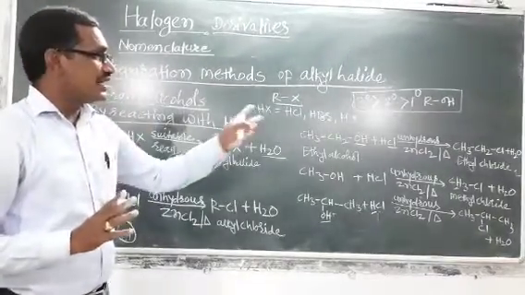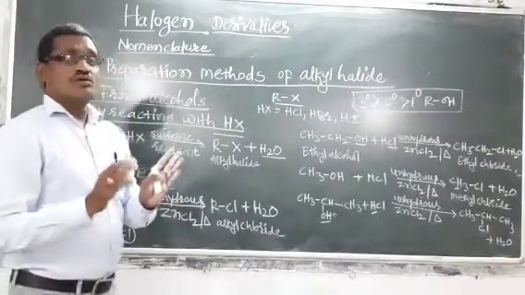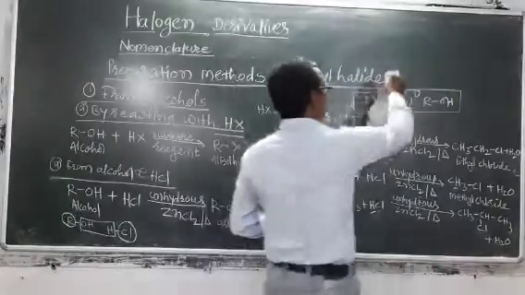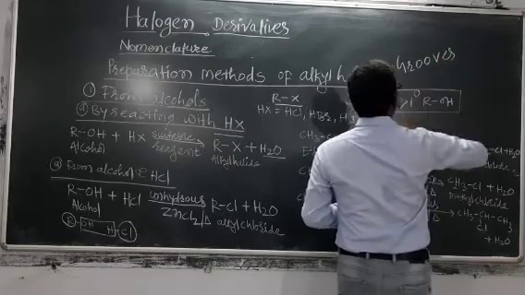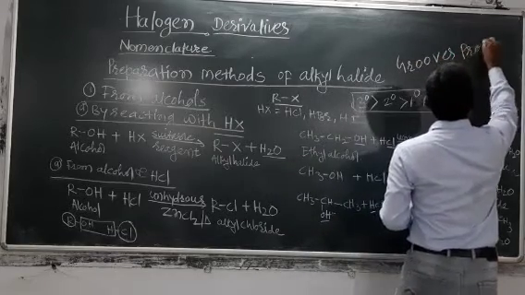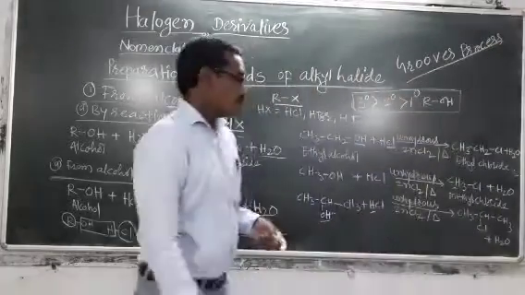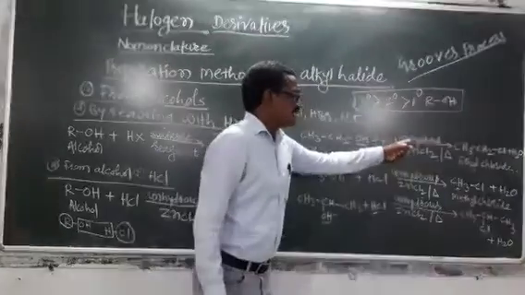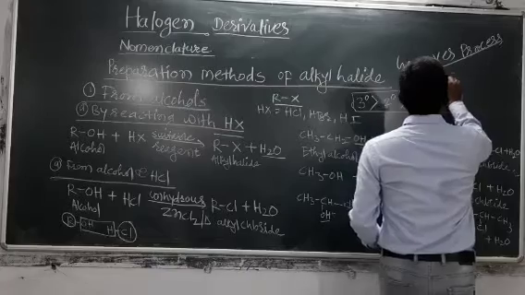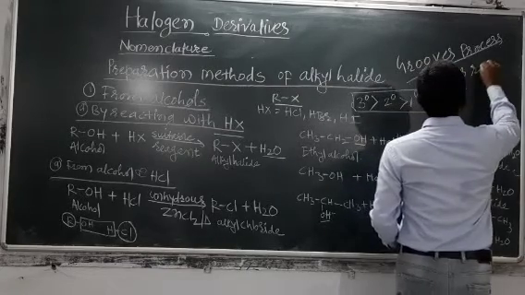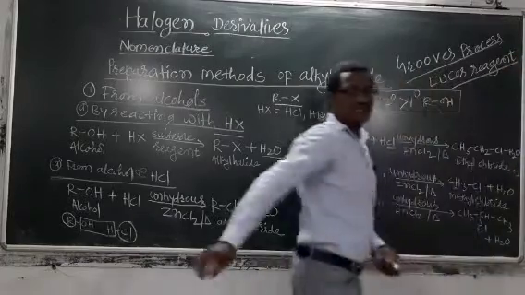This process is called the Groves process. And the reagent anhydrous ZnCl2 is called the Lucas reagent.